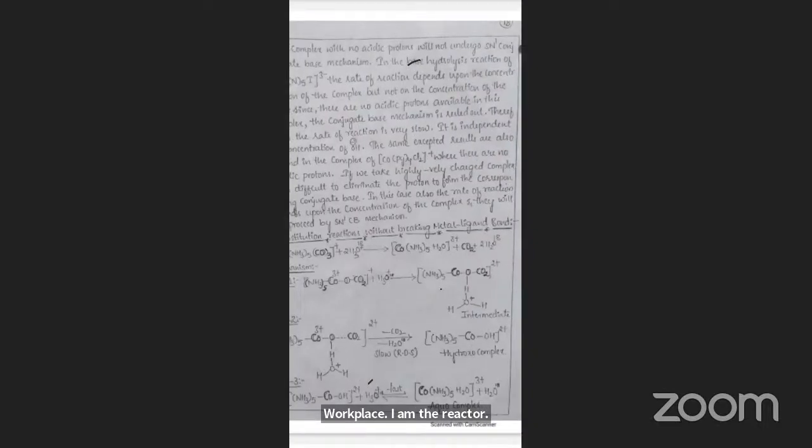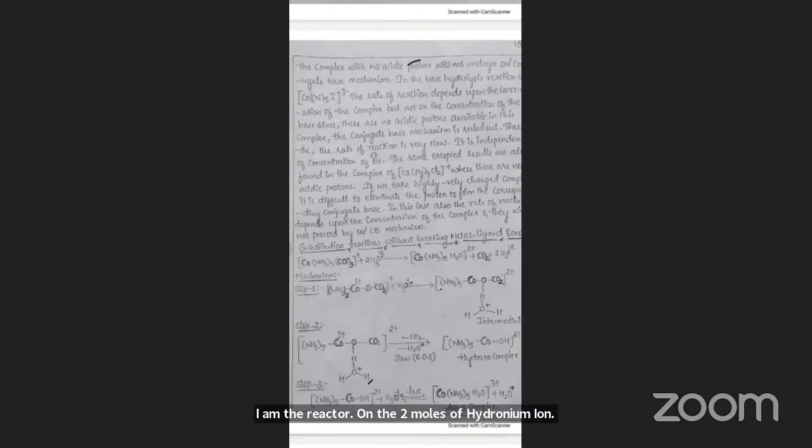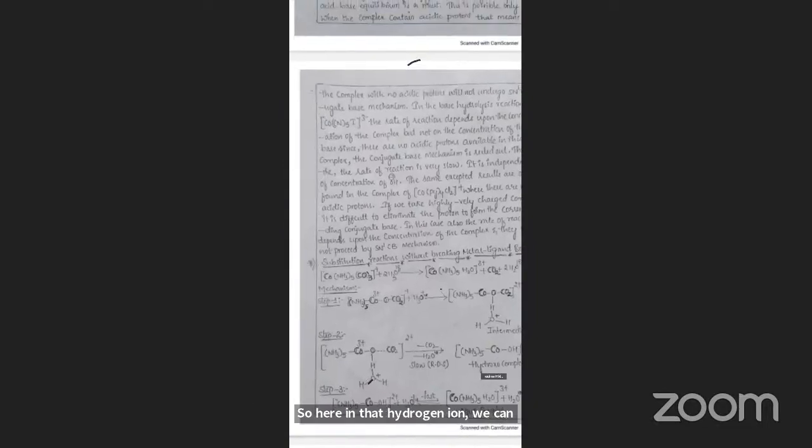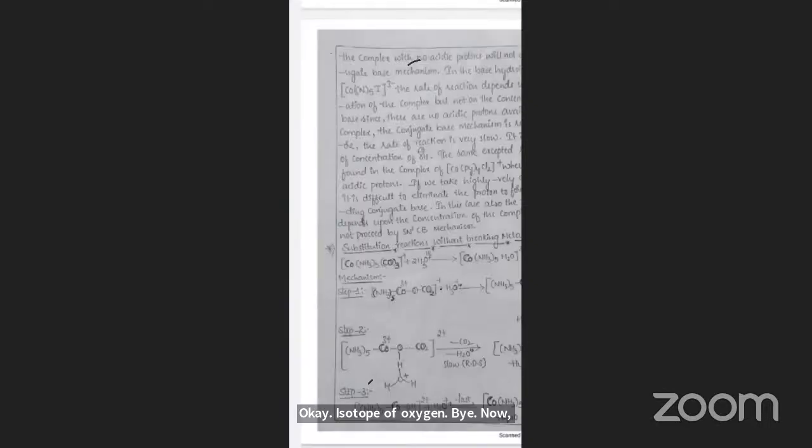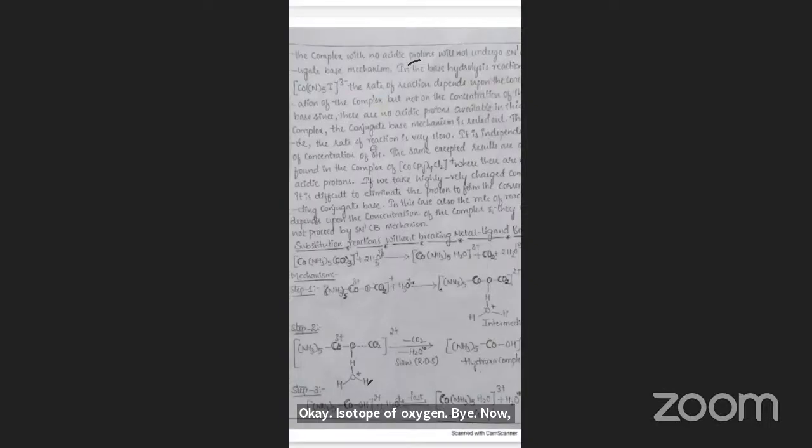Here in that hydronium ion we indicate the isotope of oxygen. You can see H3O plus with 18 marked on top. The isotope of oxygen indicates that this oxygen is not involved in the bond formation, meaning the carbonate bond does not break.